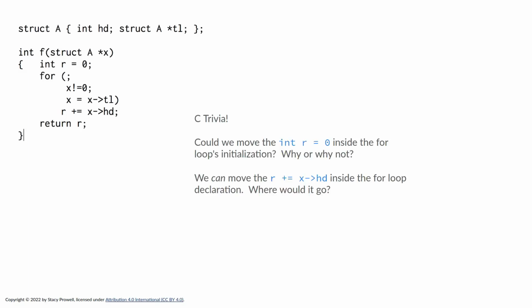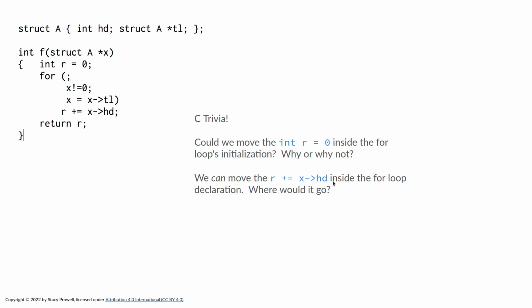And so a few little pieces of trivia here that are maybe worth mentioning. I'm sure you're all C experts. You should be. That's great. So up here he has int R equals 0, just floating out here by itself. Could we take this and put it in here in the initializer? Just take this whole line and just shove it in here. That will not work, and you should know why it won't work.